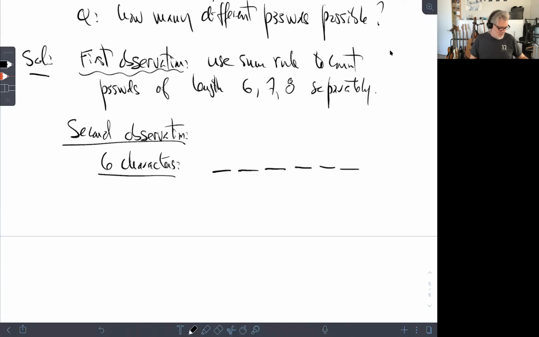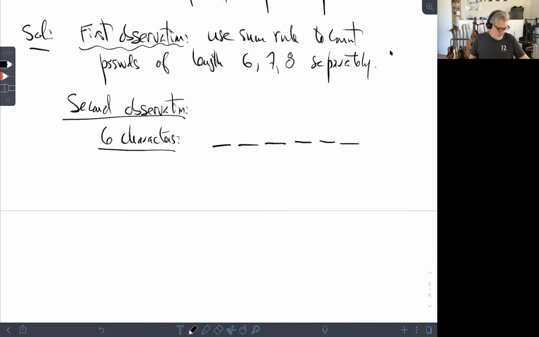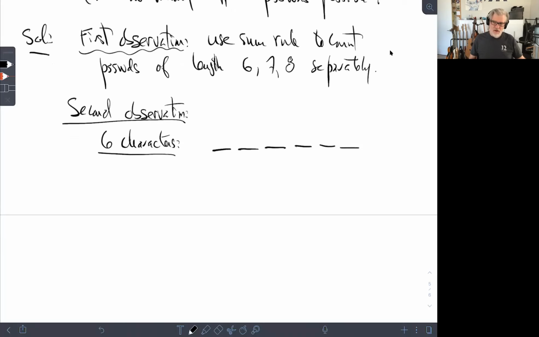Okay, so let's just see what happens if I'm trying to count all those that I want which have at least one digit. Now you might argue that maybe that digit is in the first place and I count those, and maybe it's in the second place, but then you say, wait, I could have two digits. There could be one in the first, and then it's a huge mess.